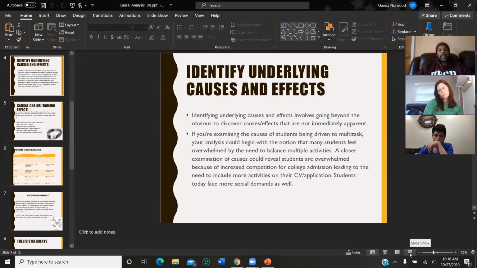Basically whatever comes to mind, knowing that you're going to go back and sift through these ideas to see what you're going to use and what you're going to toss out. So underlying causes or effects involve going beyond the obvious to discover causes or effects that are not immediately apparent. But don't think that because something's obvious, you can't include it in your paper. Just try to go beyond that.